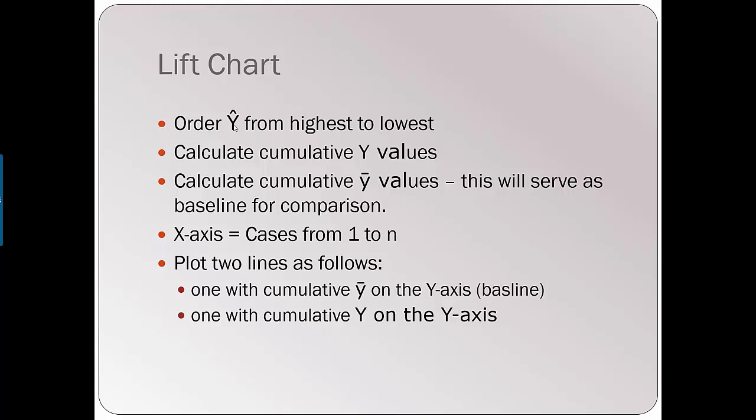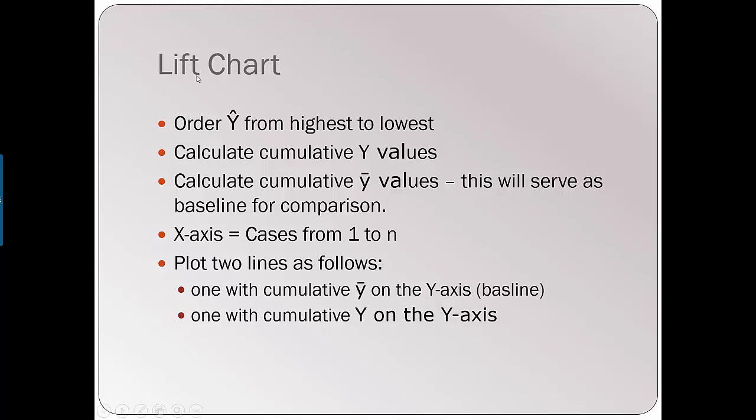If your rank ordering on the basis of y hat also rank orders y in the same way, you will see all the high value y's at the top along with y hat. So the cumulative y value is one variable that you will plot.